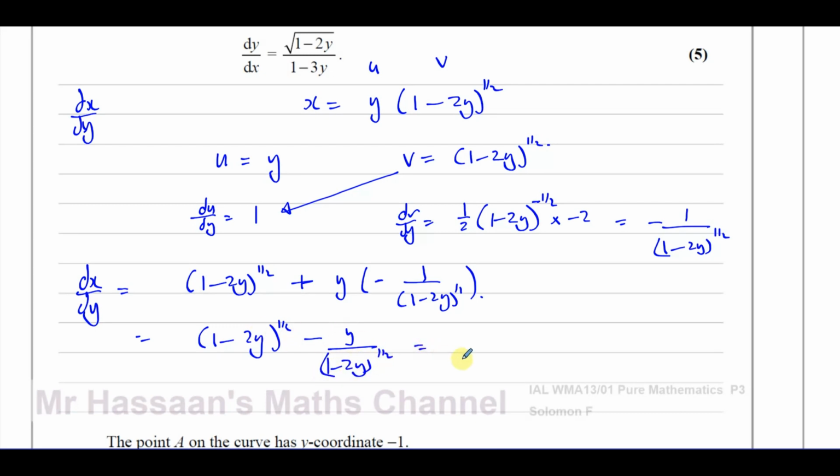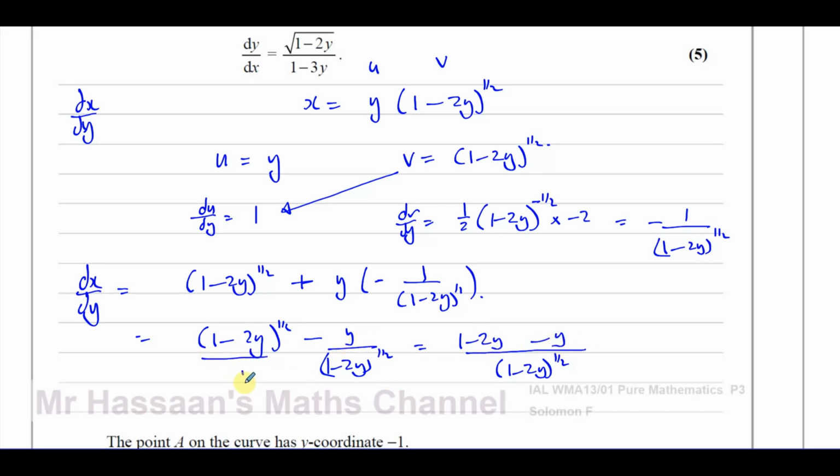Now if I make this into one fraction, I'll have the common denominator of 1 minus 2y to the power of a half, and I have to multiply both the top and bottom of this by 1 minus 2y to the power of a half. This is going to be 1 minus 2y to the power of a half times itself, which is 1 minus 2y, and this is going to be, as it is, just minus y.